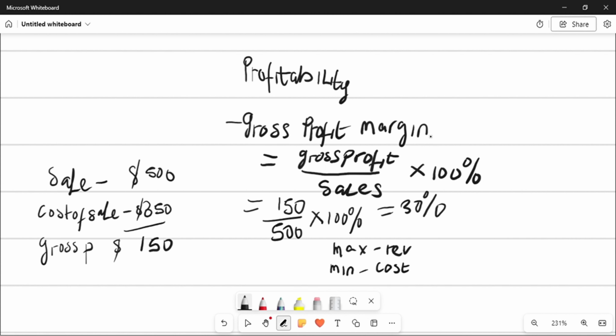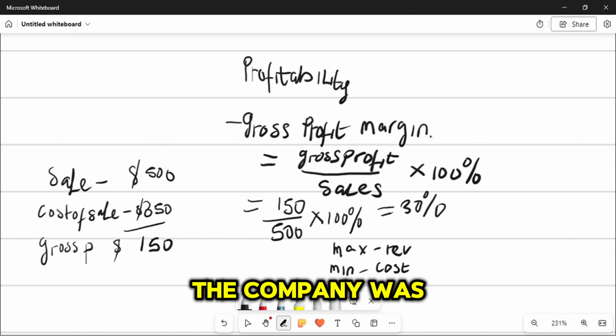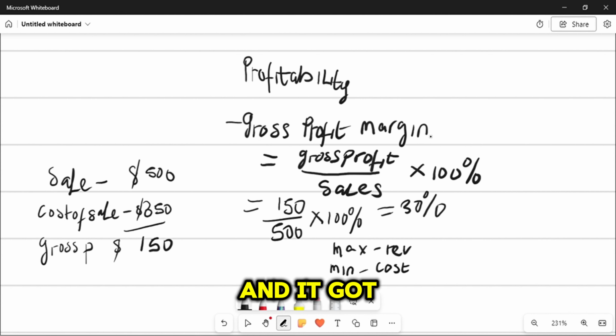Since gross profit is made up of sales minus cost of sales, this means that the company got 30%. The company was able to maximize sales to this extent, 500, and minimize cost to this extent.